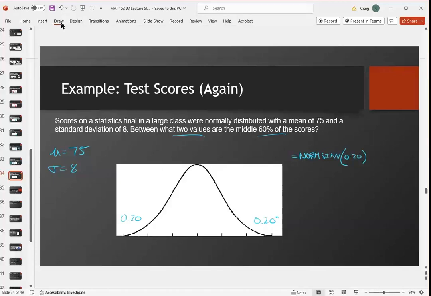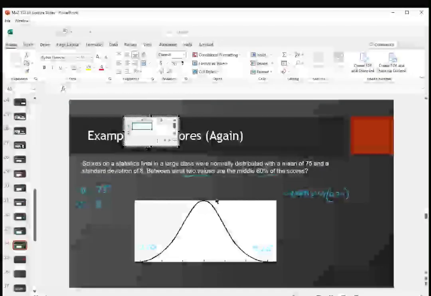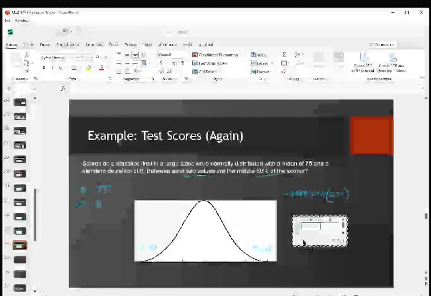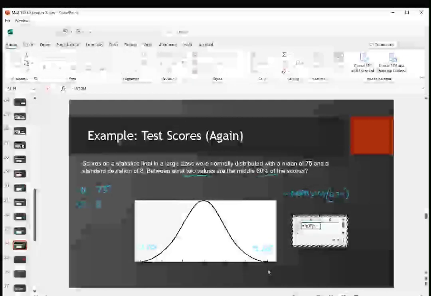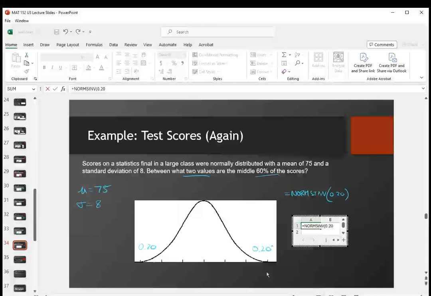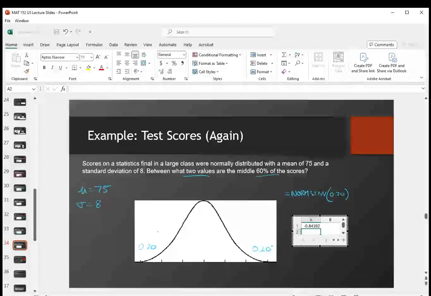We only need this to find both of our z values, because remember, this distribution is symmetric, so equals NORM.S.INV. Now we want the area to the left to be 0.20, 20% above, 20% below. We want the middle 60%. That gives us z of negative 0.84. Which means we'll also have z of positive 0.84 as our other boundary.